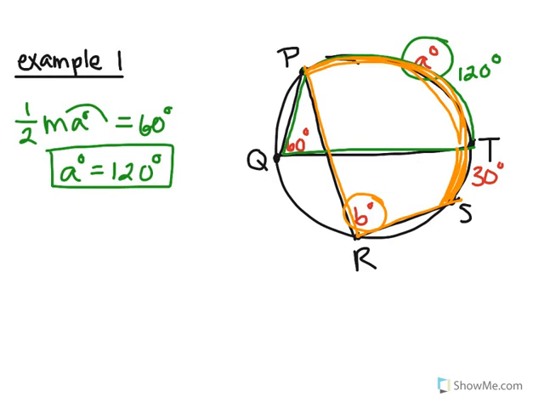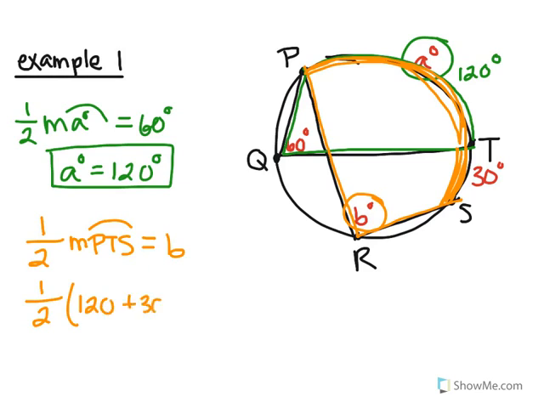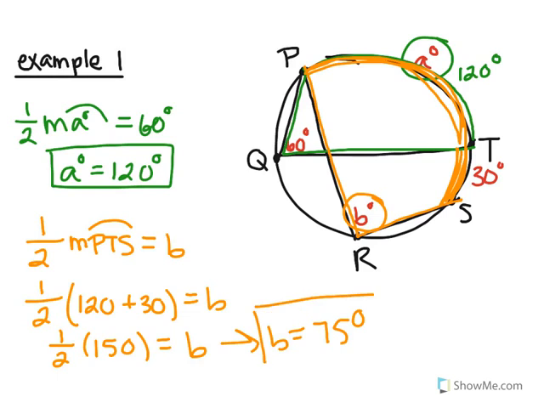So in order to find the inscribed angle B, we are going to do 1/2 of the measure of that arc, which looks like it's PTS, and that should give us B. So I'm going to go ahead and fill in the 120 plus 30 because that's the sum. That's going to give us the entire intercepted arc. So 120 plus 30 is 150, and half of 150 is 75. Just like that.